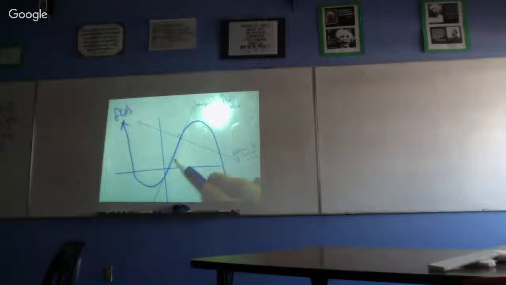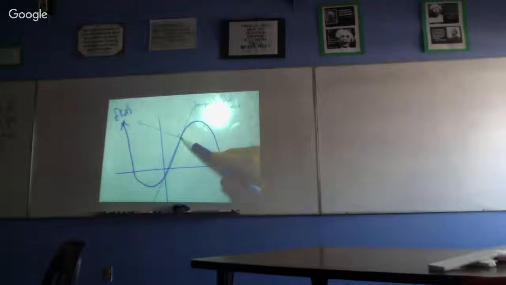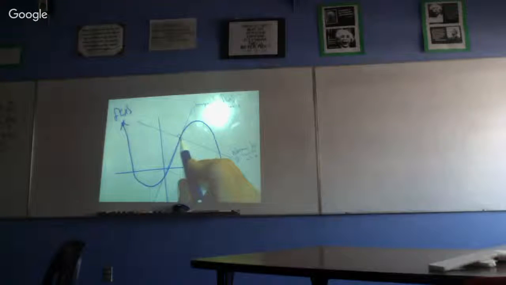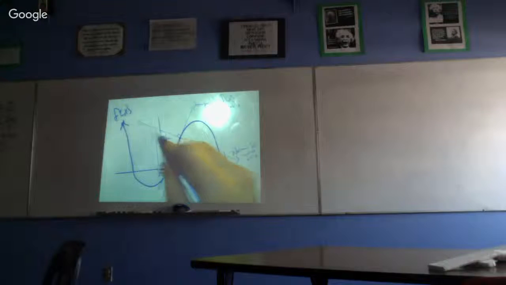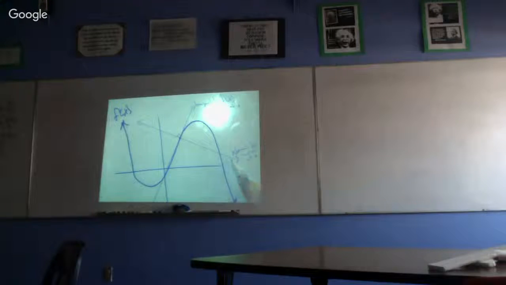The slope is going to be the gradient at that x. Then we will use that same point and the negative reciprocal of the slope of our tangent to get the slope of the normal.